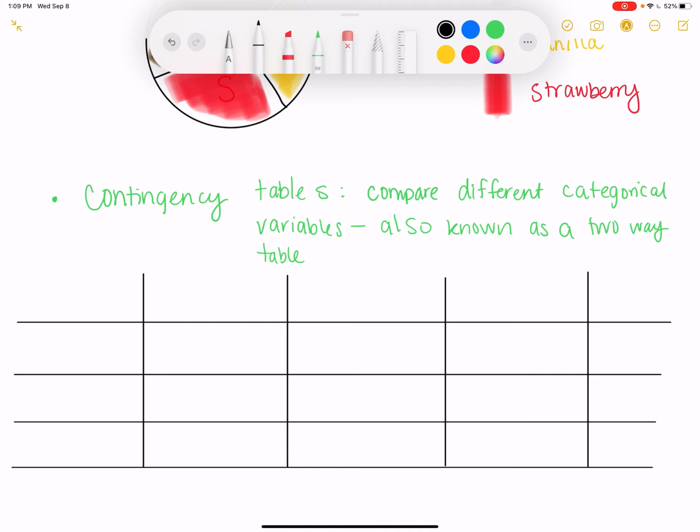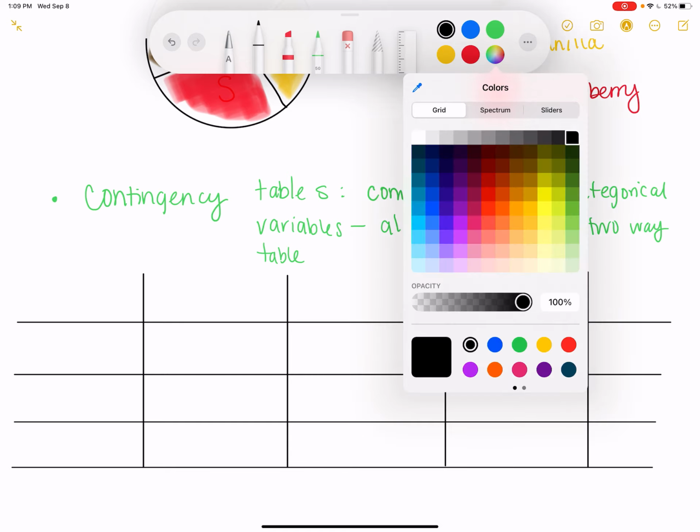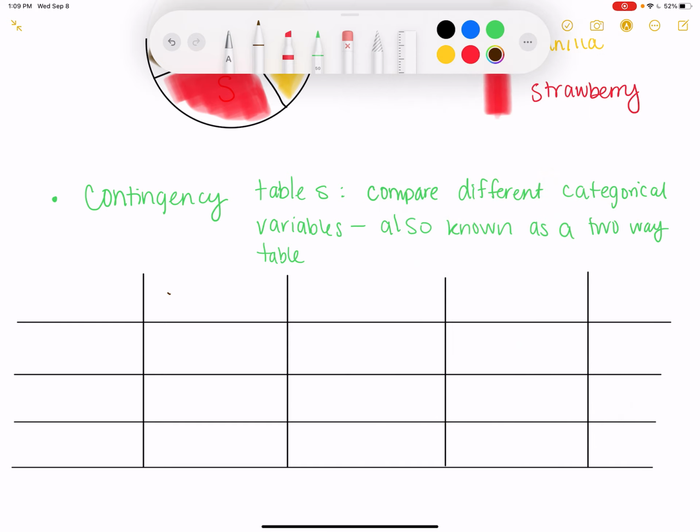All right, the top left box isn't getting anything written in it. The second box on the top is chocolate. The next one is vanilla. Then strawberry.